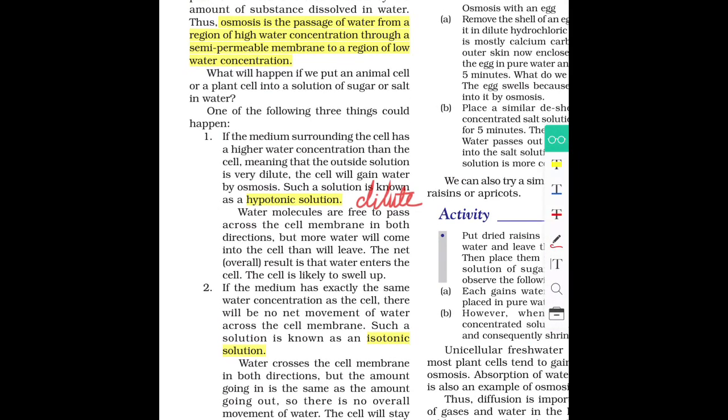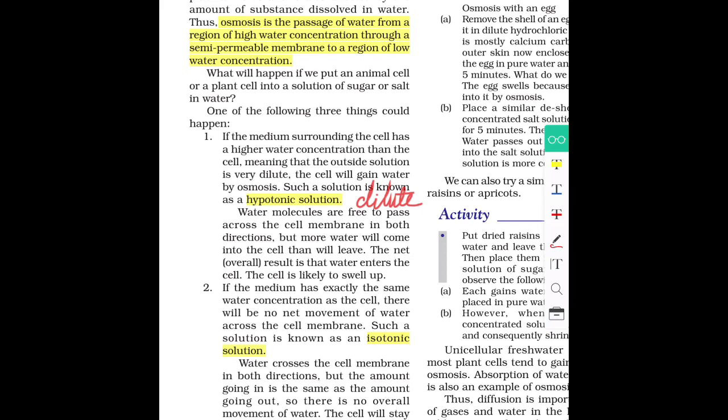So, when outside the cell the water level is high and inside the cell the water level is low, the cell tends to gain water because of the difference in concentration.